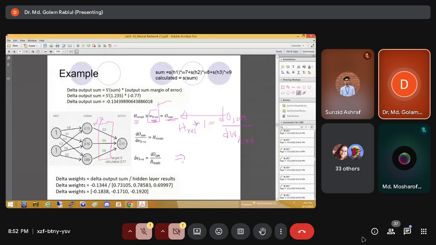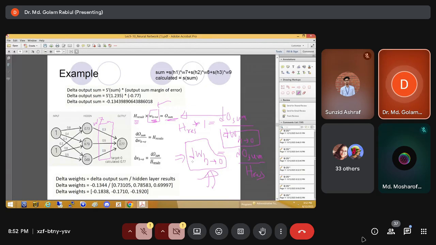From here, we can find out that delta WHO equals delta output sum divided by hidden layer results. This delta WHO means the rate of change of W from the hidden to output layer weights.